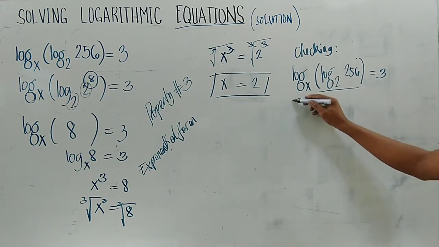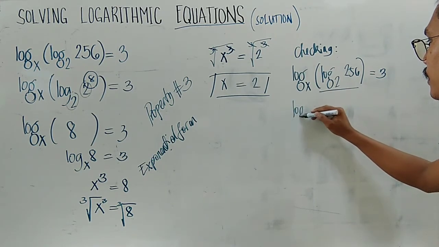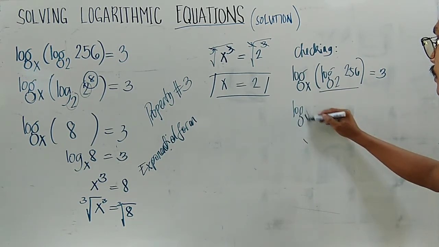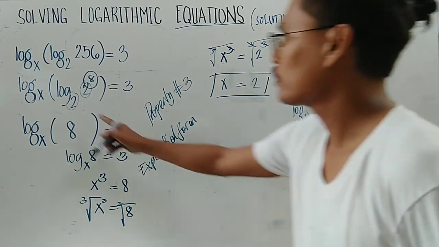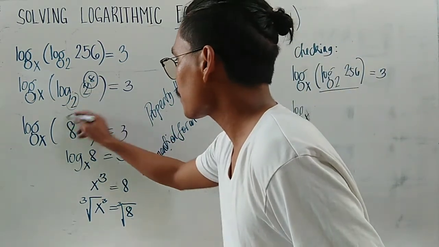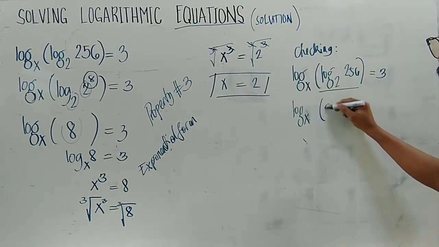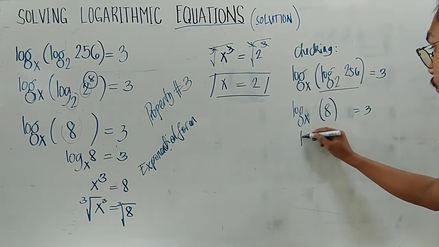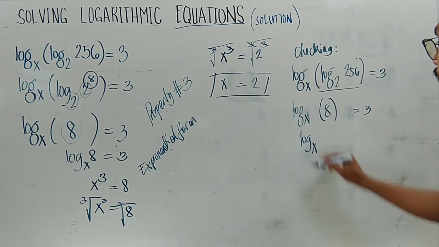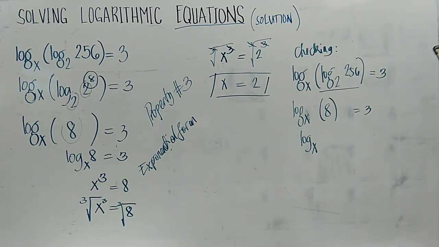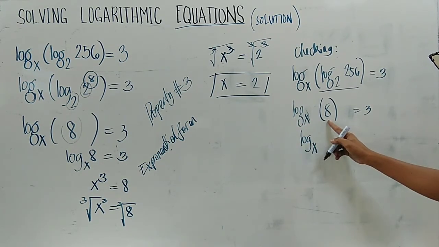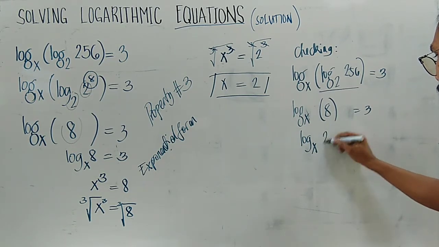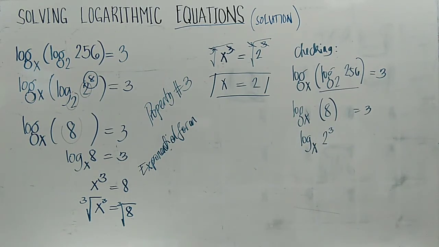Again, let us simplify the logarithm inside the parentheses, which is 8. So we have log base x of 8 equals 3. Applying the third property again, we can write 8 as 2 cubed.